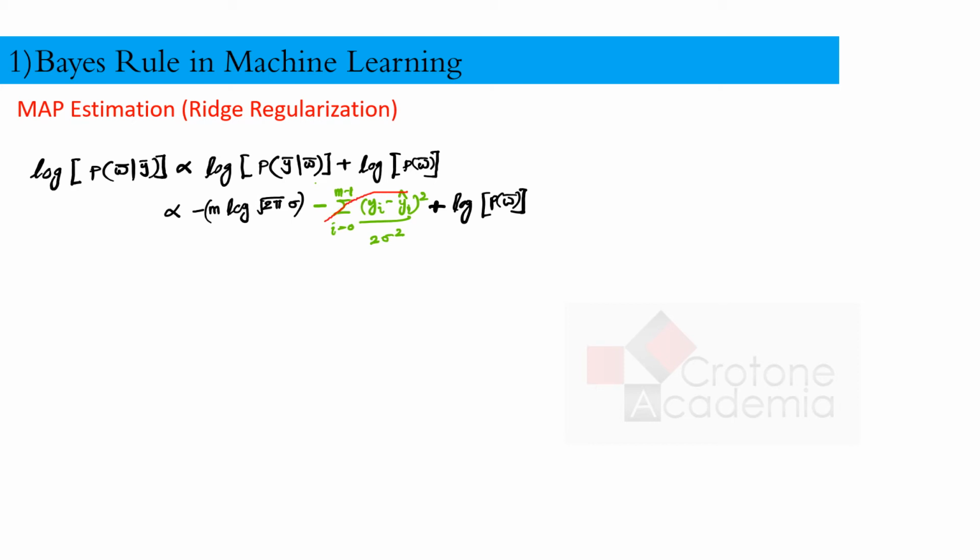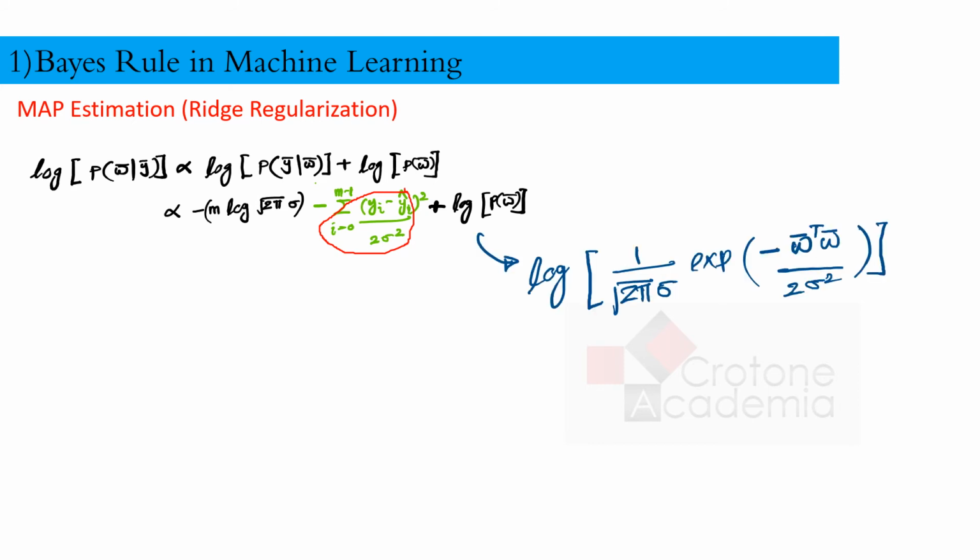Let's take this result and see how we can simplify it. As we know, this middle part, the green color part, is the sum of squared differences. To understand how we can simplify the last part, or the prior distribution, let's assume our weights are distributed according to a Gaussian distribution with a mean 0 and a standard deviation of sigma. Then we can substitute the standard equation for a Gaussian distribution.